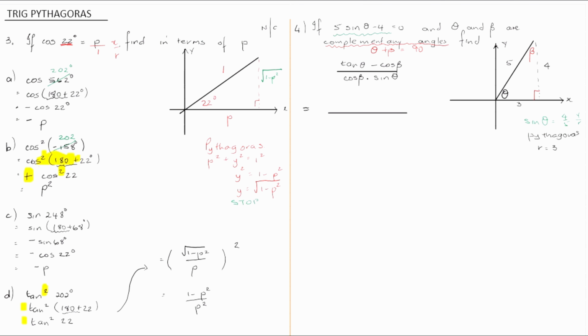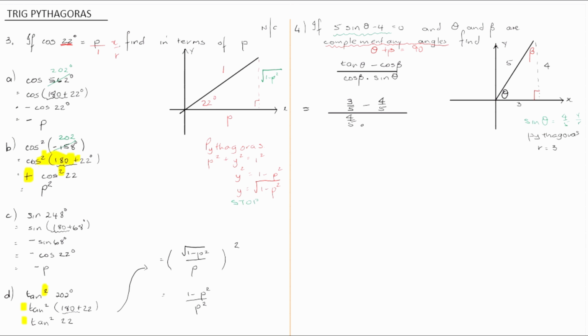Right, so cos of theta is adjacent over hypotenuse, so that will be 3 on 5, minus cos of beta, which is adjacent over hypotenuse, 4 on 5. Then in the denominator, cos of beta is adjacent over hypotenuse, so that is 4 on 5, times sine of theta.